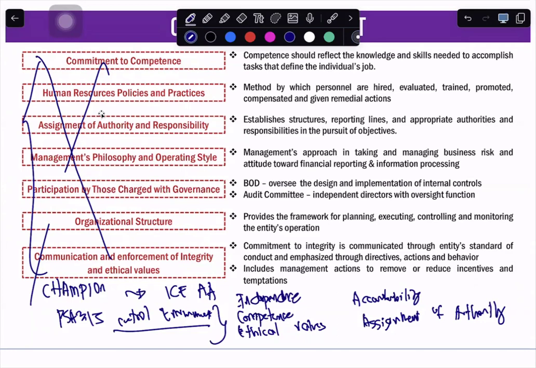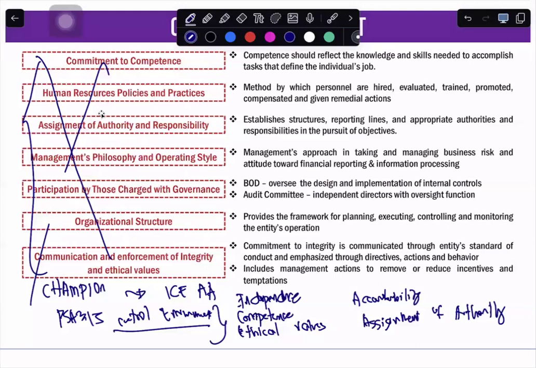So assignment of authority is just like your organizational structure and assignment of authority and responsibility, including your policies and practices. So this is now how we manage your different structures, lines, authorities, planning, and controlling the entity's operation.